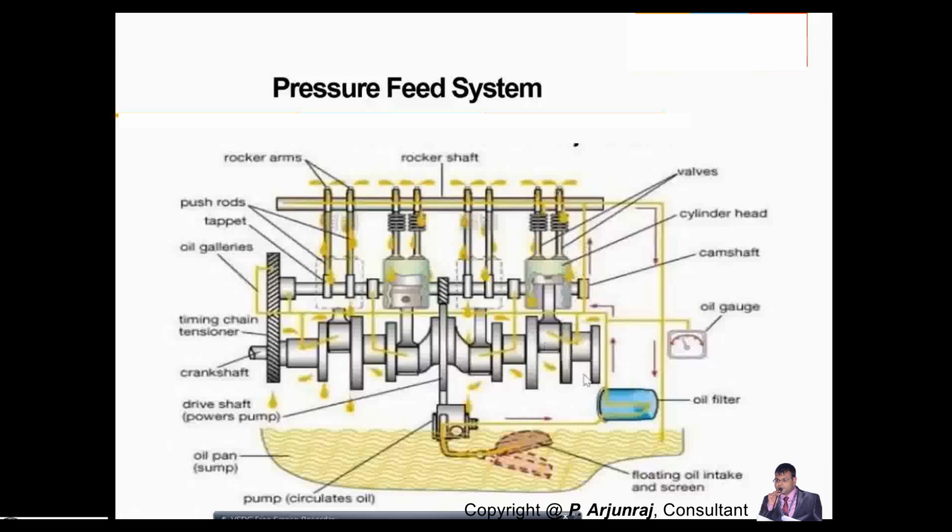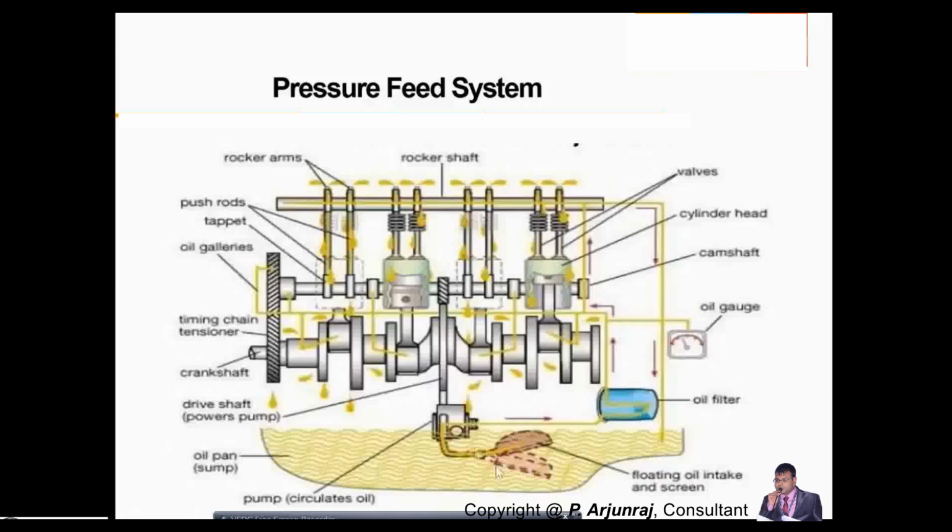And again, you also need to recirculate the oil back to the sump. Initially the temperature of the oil will be lower.